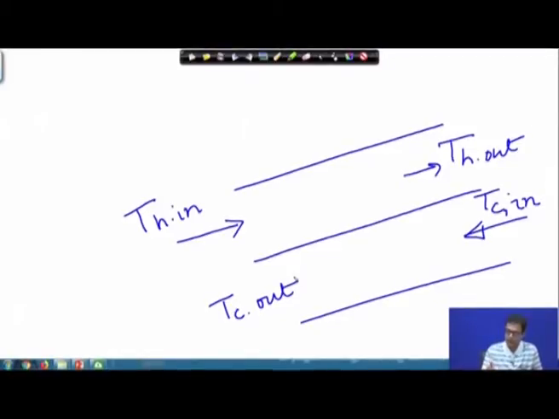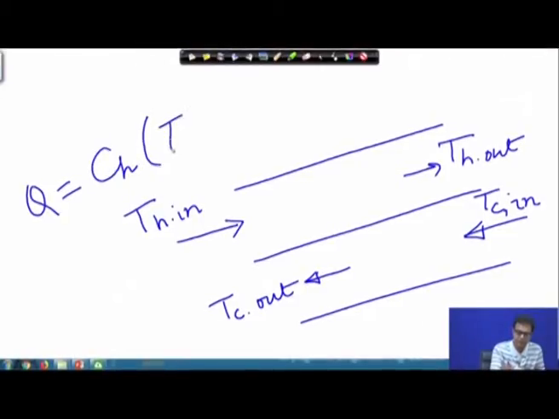So, the actual heat that is getting transferred, or the enthalpy change that we have said already, Q can be related as C H into T H in minus T H out.